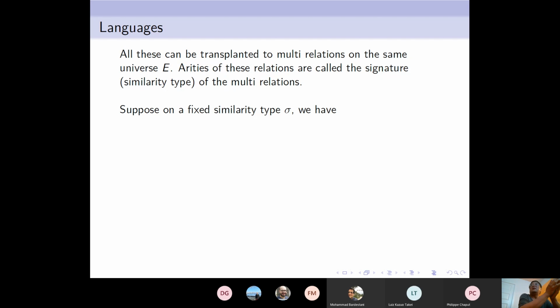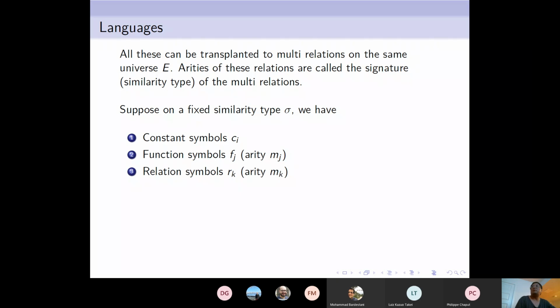So now fix a similarity type sigma. Suppose we have constant symbols Ci, function symbols Fj where the arity is Mj, and the relation symbols are K. Now we can define a structure S of sigma in the universe E as an assignment.